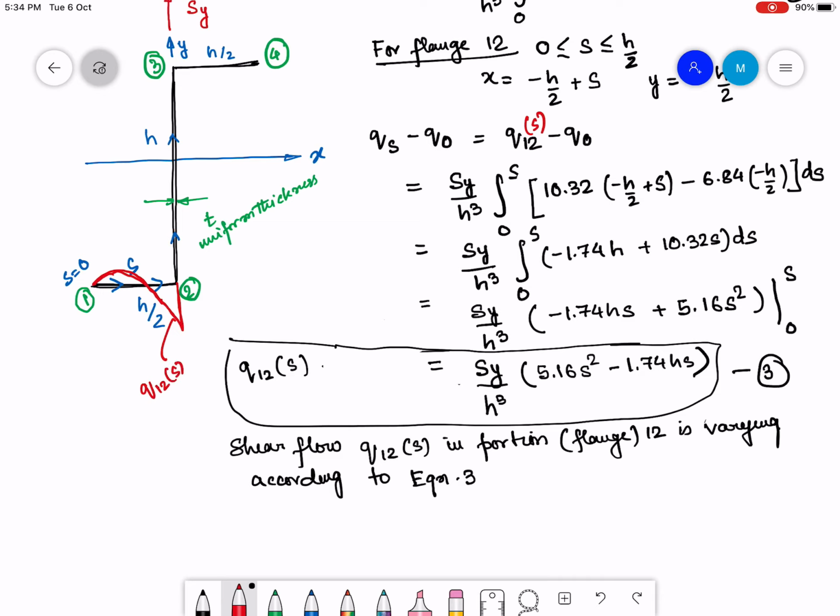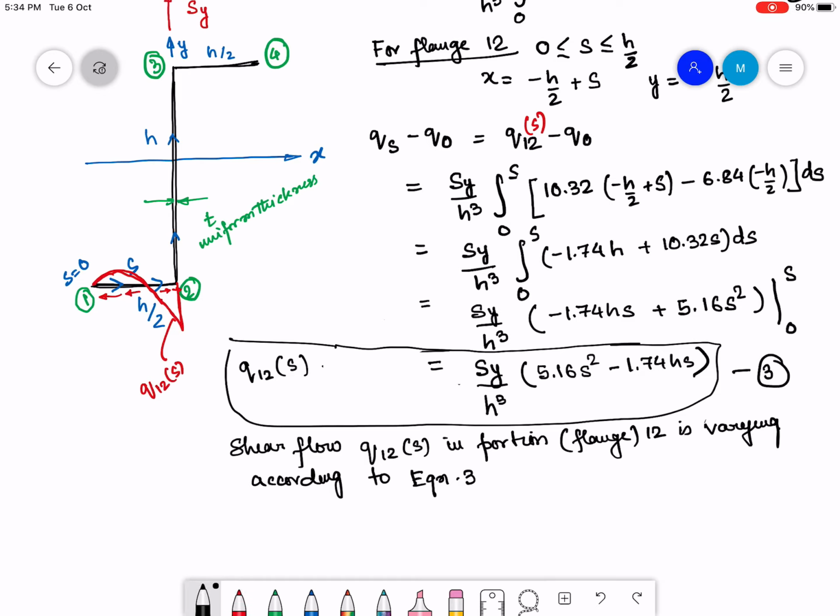Here q1 to s is 0, here the value is negative, so the direction of shear flow is opposite to the positive direction of s, and here it is positive, in the positive direction of s.